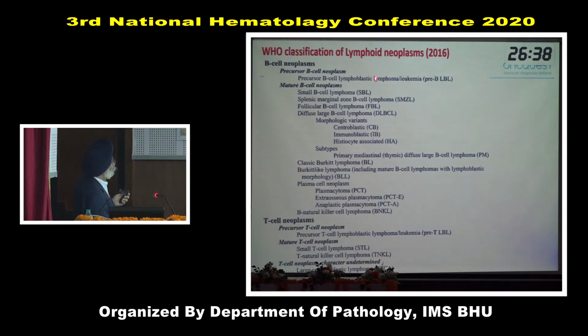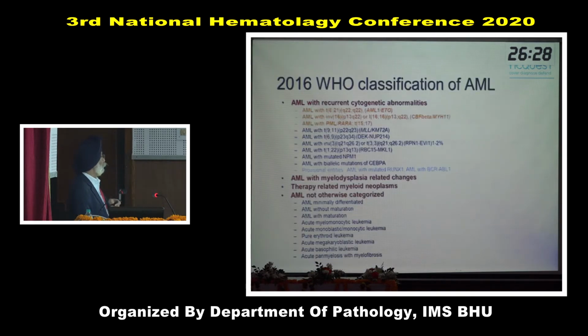And those arising from the lymphoblasts are the B precursor lymphoblastic leukemia or precursor T lymphoblastic leukemia. Similarly, for AML, we have the recurrent cytogenetic abnormalities, a big group. And then we have AML NOS, not otherwise specified, which is basically based on FAB classification.